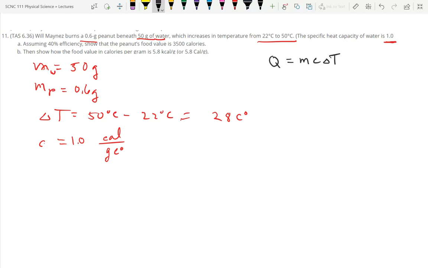What does Q stand for in this equation? Heat. So the heat that went into the water is equal to the mass of the water times the specific heat of water times the change in temperature of the water.